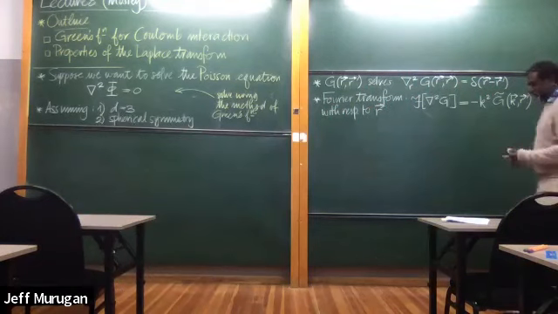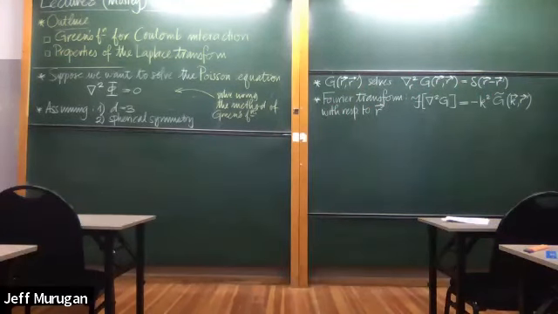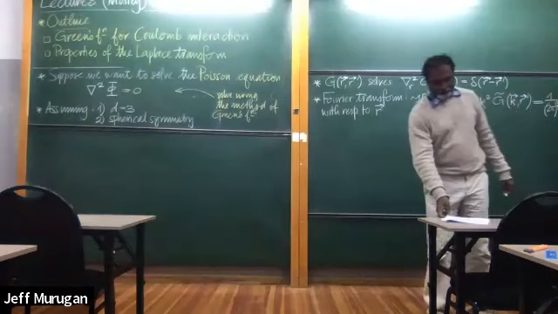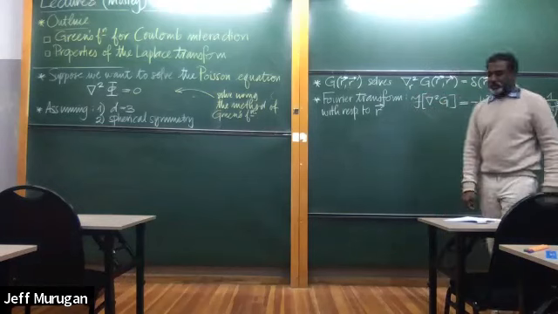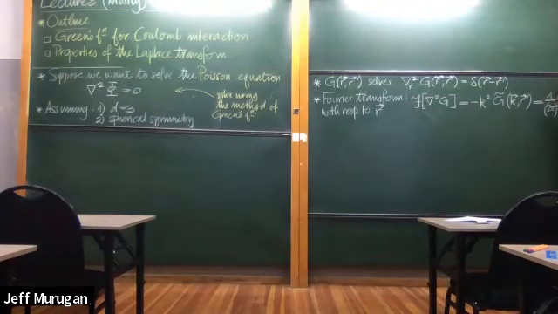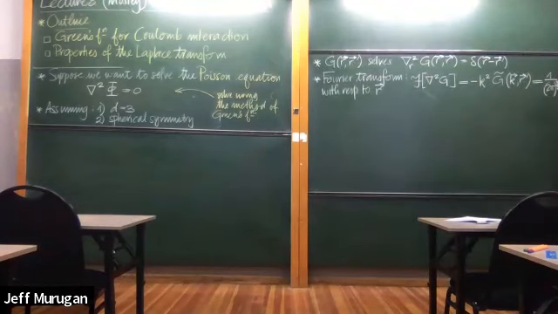On the right hand side, I get the Fourier transform of the delta function. So that's 1 over (2π)^(3/2) times e^(-ik·r'). And this is an algebraic equation in k space.